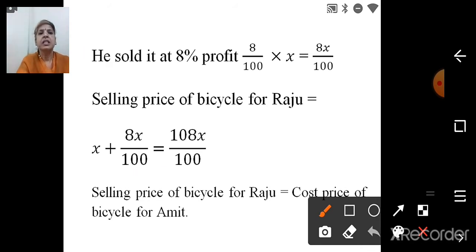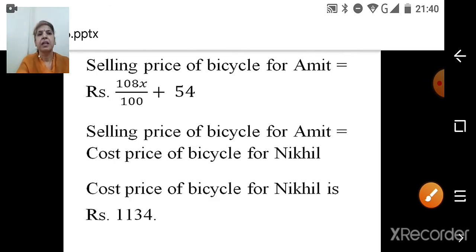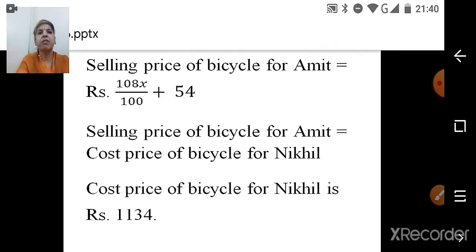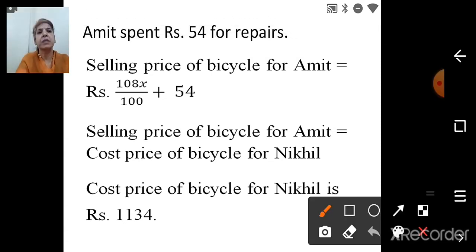Now selling price of the bicycle for Raju is cost price of the bicycle for Amit. Now Amit spent rupees 54 for repairs. Now selling price of the bicycle for Amit is his cost price, that is 108X upon 100 plus 54, right?